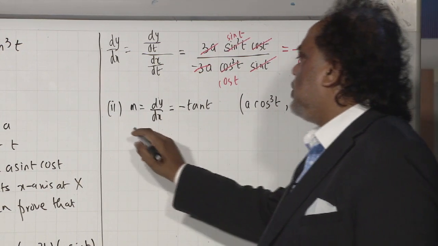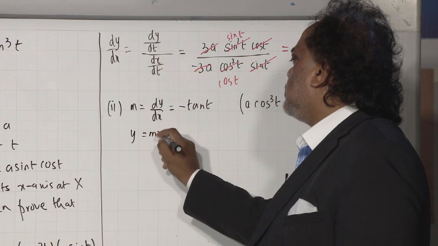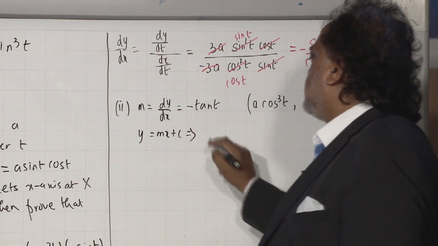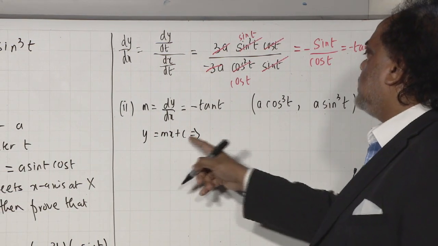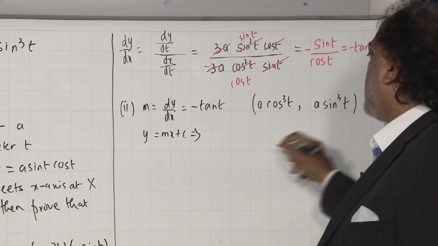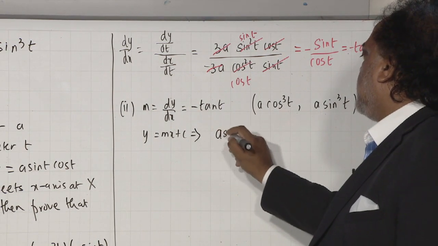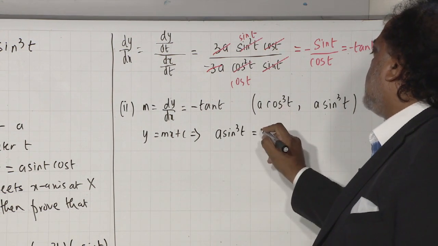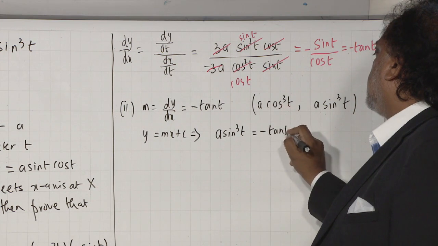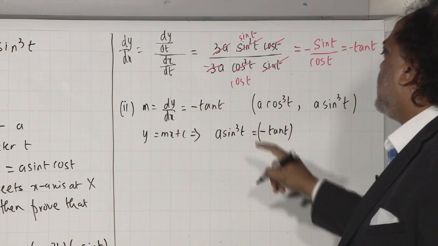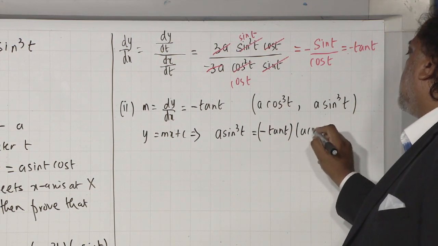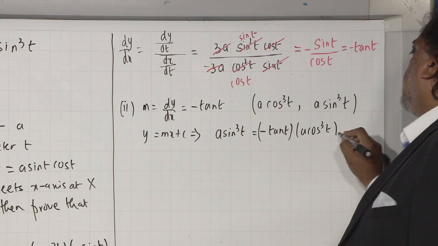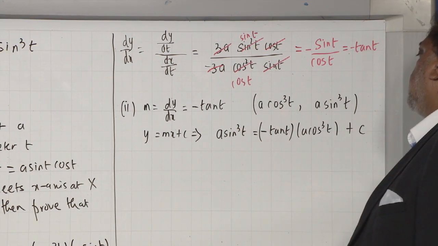So what is the equation of the tangent? Y is equal to mx plus c. So to find c, what will I do now? Replace y by a sine cube t, m by minus tan t, x by a cos cube t, plus c.